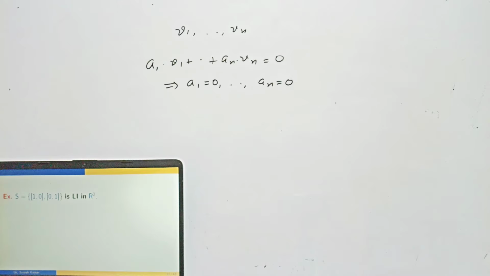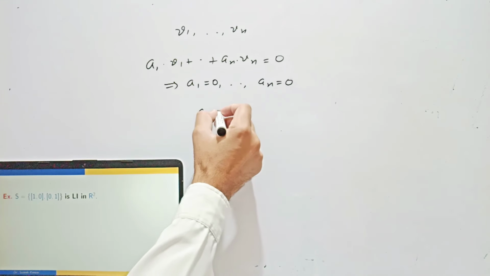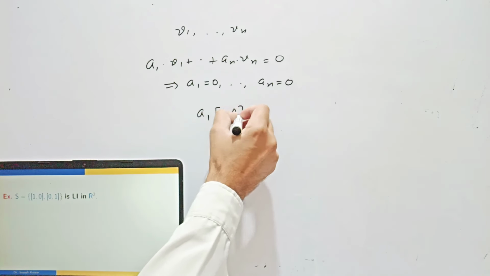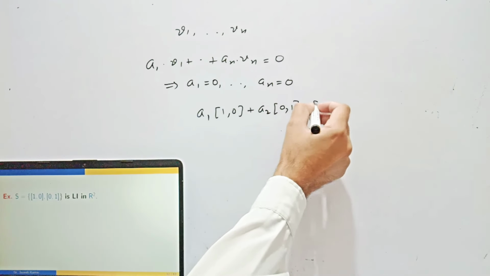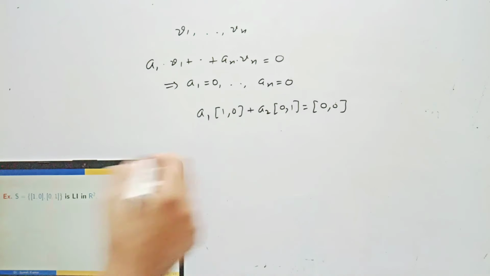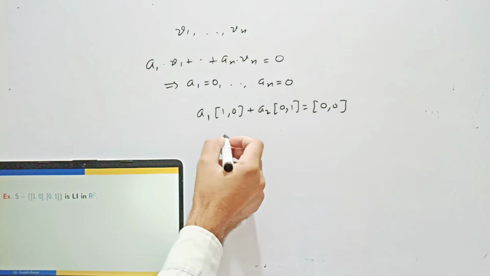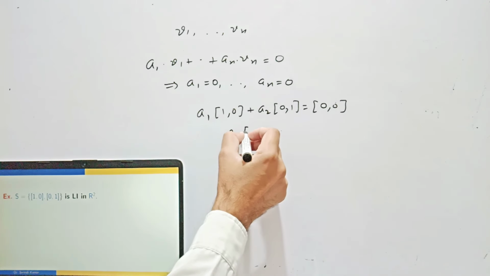See this example, S equal to (1, 0), (0, 1) is linearly independent in R2. You have to show this. So how to show? Put the linear combination of the two vectors equal to 0. What is the 0 vector in R2? (0, 0). Solve this for A1, A2. If you get only one solution, 0, 0, then the vectors are independent.